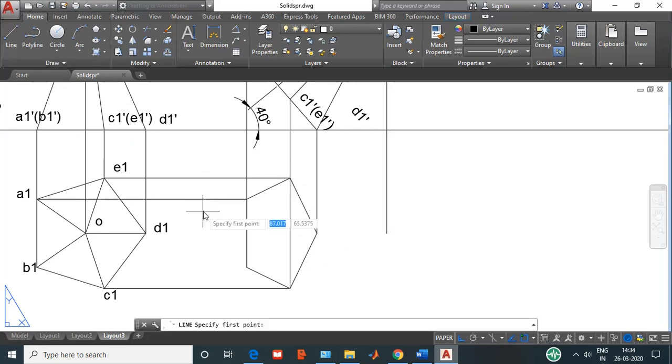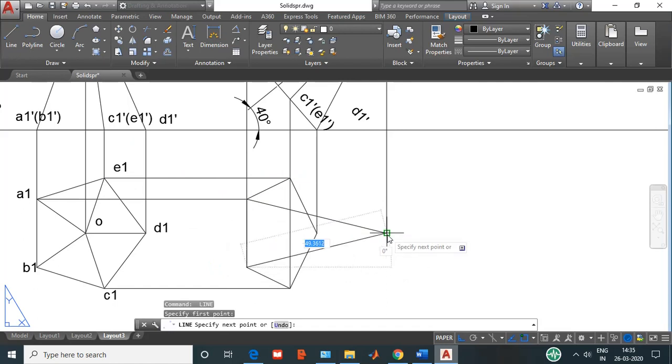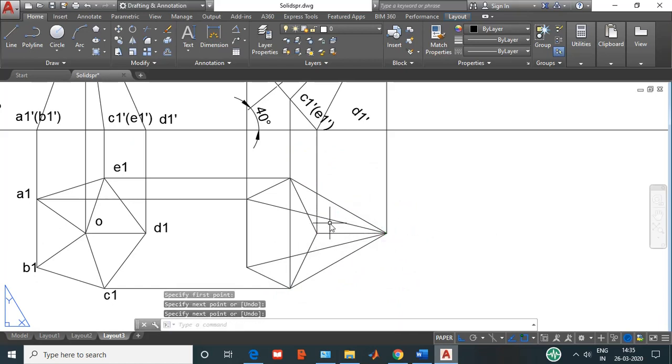So take the line command: A2 to apex, then B2 to apex, C2 to apex, D2 to apex, and finally E2 to apex. Make sure that all the slant edges are joined to the apex without fail.